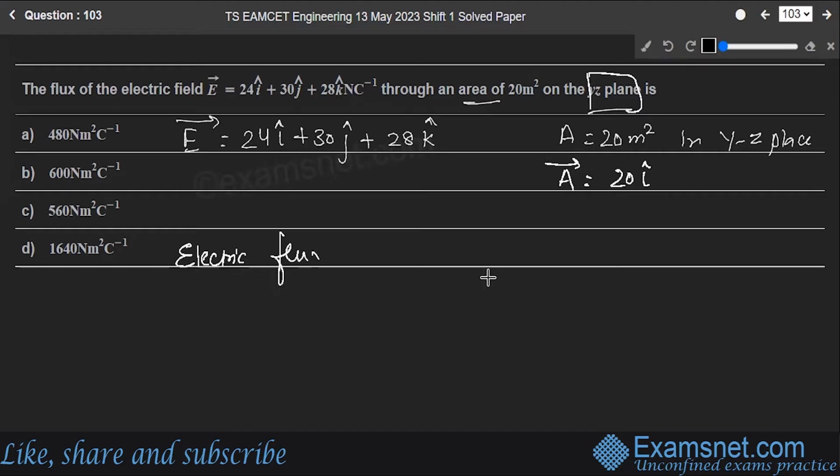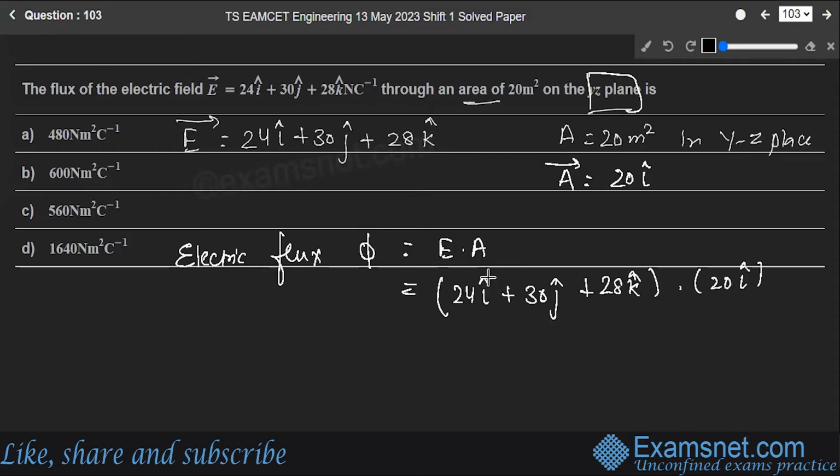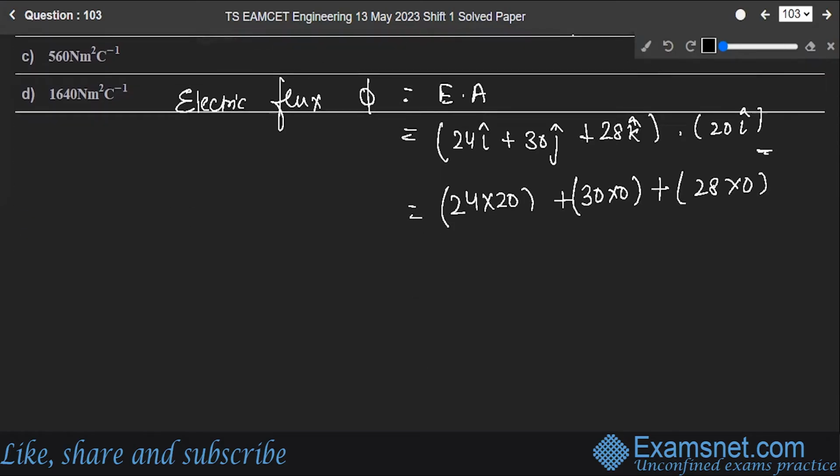You have to find out electric flux. This is given by the product of the electric field into the area. And this is 24i, 30j, 28k, the dot product with 20i. So this will be 24 into 20 i square, this is the unit vector, so i square will be 1, plus 30 into 0 plus 28 into 0, because j and k are missing over here.